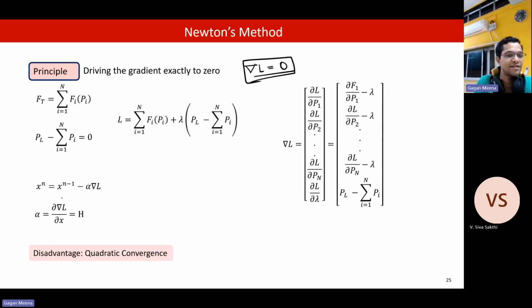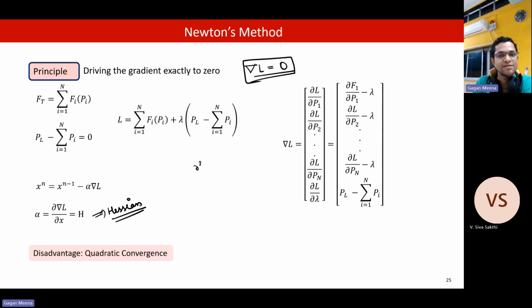And this alpha is related to the Hessian. H is the Hessian matrix, the derivative of the gradient itself.